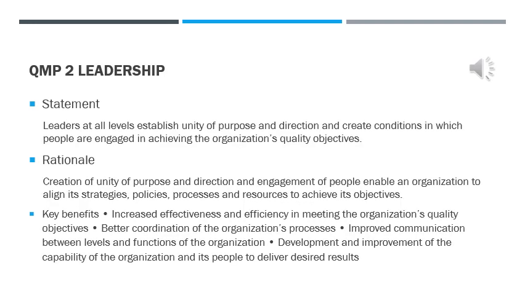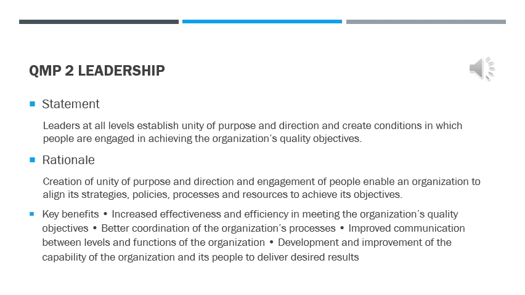Alright, QMP2 is regarding leadership. The statement of QMP2: leaders at all levels establish unity of purpose and direction and create conditions in which people are engaged in achieving the organization's quality objectives.